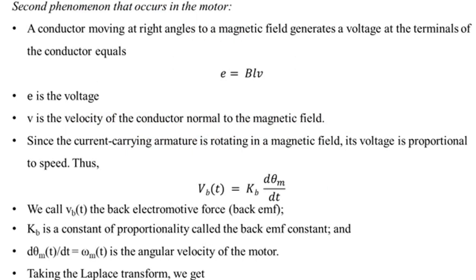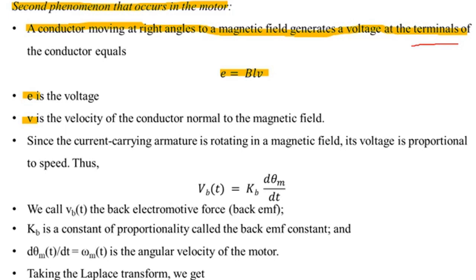Dear students, we also have a second phenomenon that occurs in motor. As we studied earlier, when current passes through armature and armature is in fixed field, it produces a force through which it rotates. Now a conductor moving at right angle to magnetic field generates a voltage equal to magnetic field strength multiplied by length of conductor multiplied by velocity, and this voltage is produced at the terminals of the conductor.